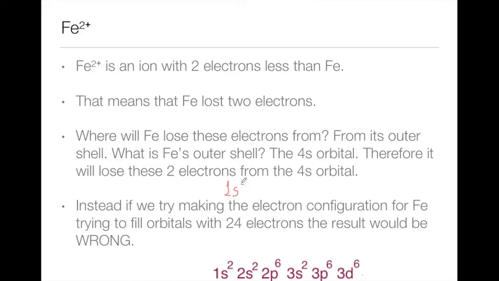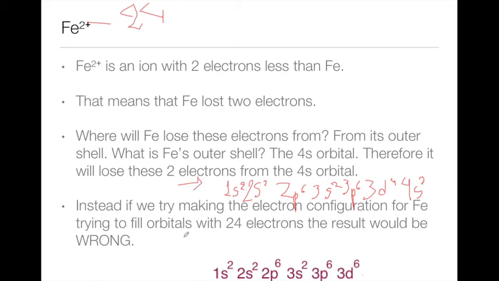You would have 1s2, then 2s2, then 2p6, then 3s2, then 3p6, 3d, I'm leaving it blank because I need to fill the 4s first, 4s2, and now I have 4 left for the 3d. So if you were trying to make the electron configuration for this ion, considering that it has 24 electrons, you would be incorrect, because you would have this as a result.